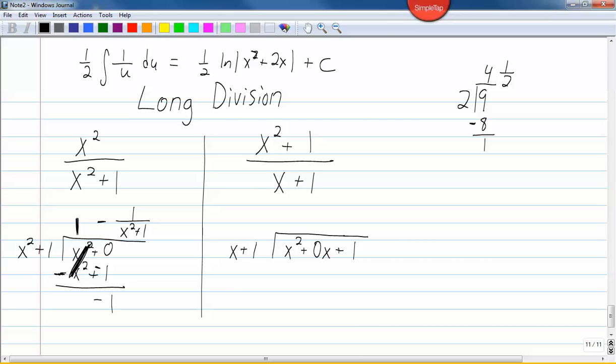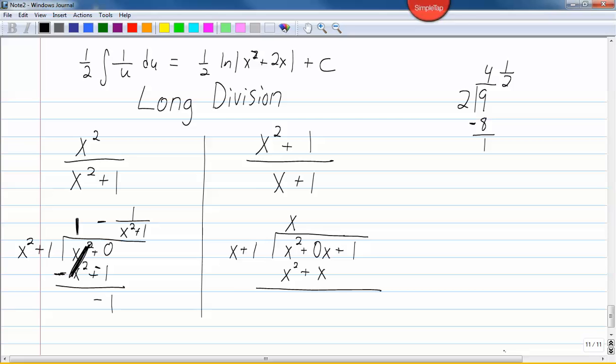Alright, so what would I have to say times x to give me x squared? x. So I say x times both of these. So x times x is x squared. That should be the same thing right underneath. Now this will be different. x times a positive 1, that's plus x.